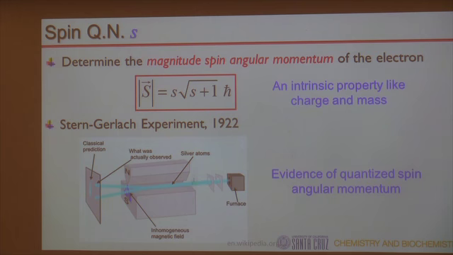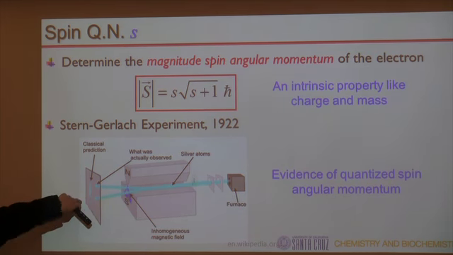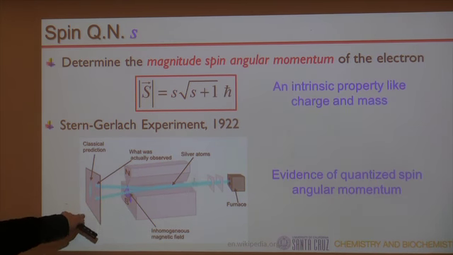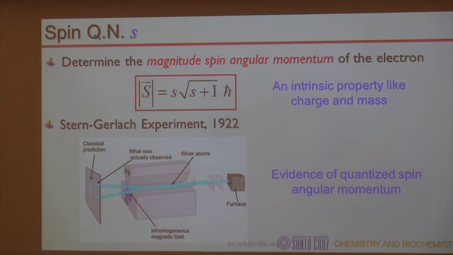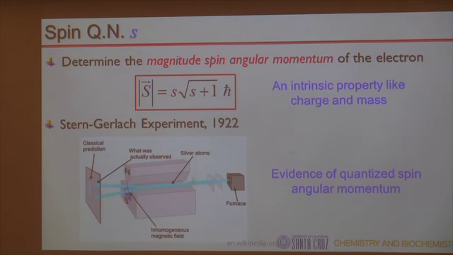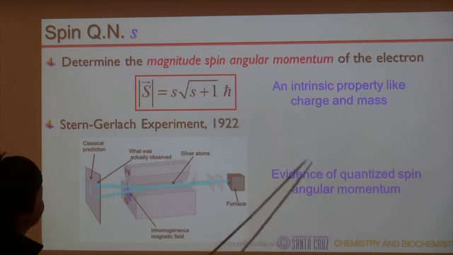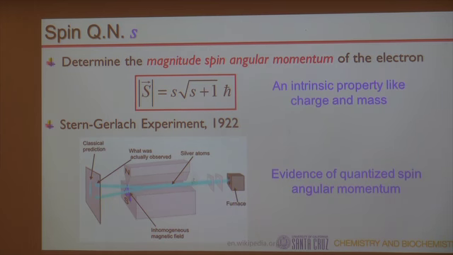If you're interested, you can easily search Wikipedia for this experiment and see how they derived the spin concept from it. So this is one experimental observation for the quantized spin of electrons, or even of atoms.